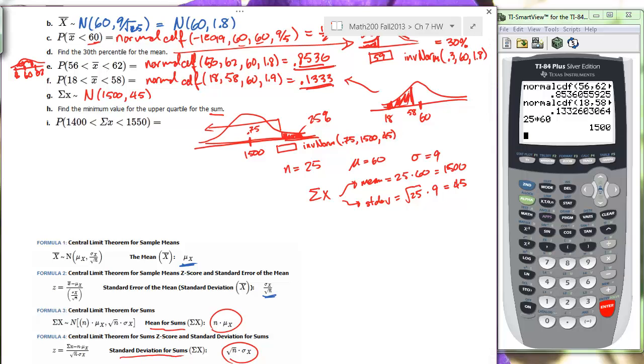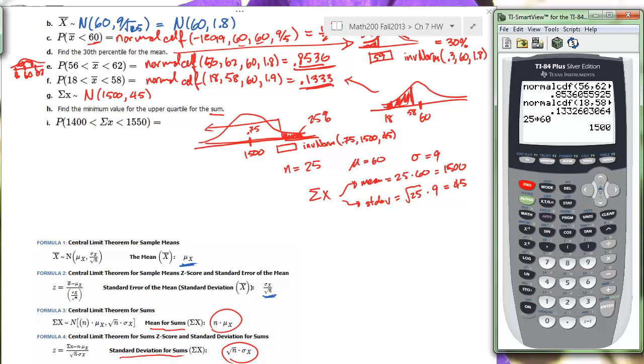So let's take a look at that. This will require us to go back to inverse norm from the second function, vars, 75%, and then our mean of 1500, not times, but comma, the standard deviation of 45.